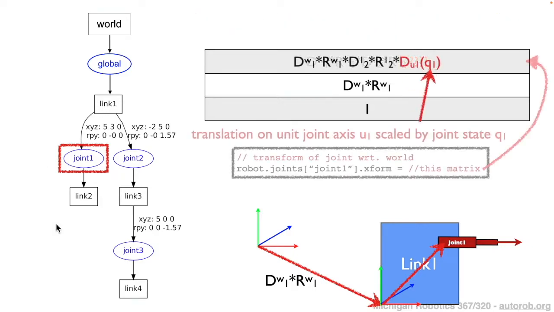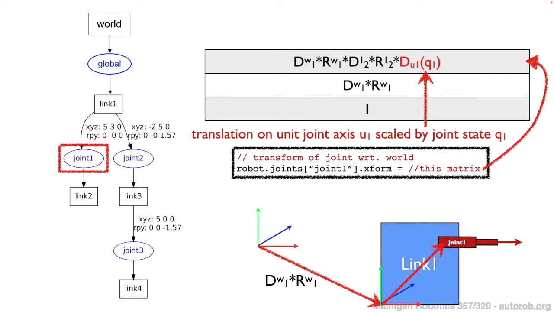So in the case of prismatic joints, we're going to add a new translation matrix to our matrix stack and compose it with what we had previously. The translation denoted by this matrix D is going to take in a parameter, q sub 1, to denote to what extent the joint is currently being translated, where u sub 1 denotes the axis of translation that joint 1 is articulating over.